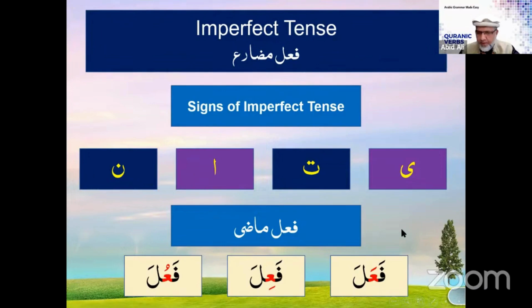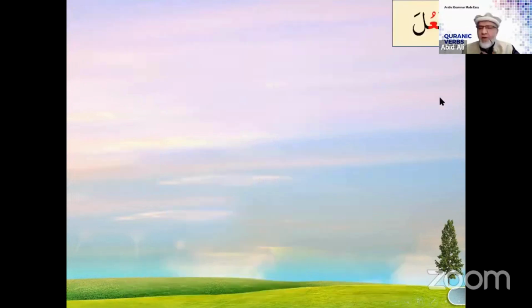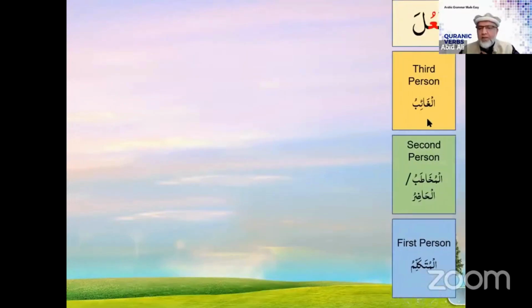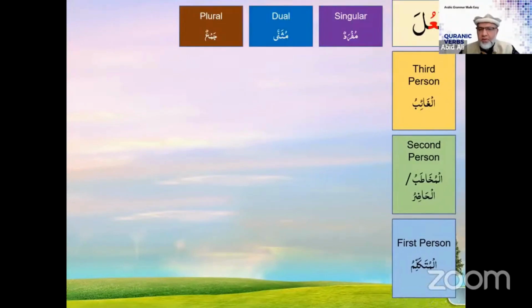Agree? Okay. So if I take the fa'ula pattern and I need to make the mudare with it, you remember this table, right? We had the third person, second person, first person, singular, musanna, jama, and then what else is left? Male and female, right? Masculine and feminine, right?